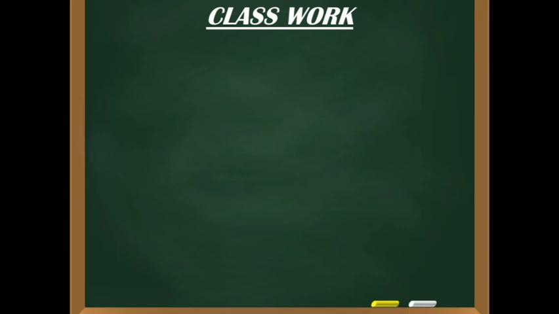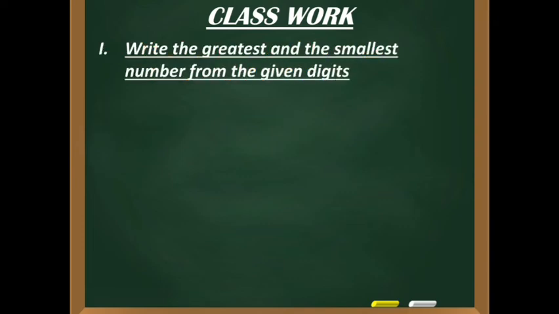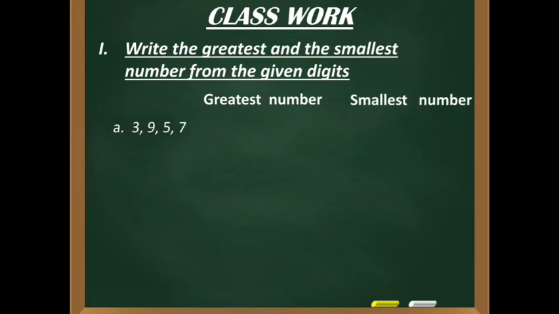Now quickly get your book, pencil and note down the given bits. First one, write the greatest and the smallest number from the given digits. 4 digits are given: 3, 9, 5 and 7. So you have to form the greatest number as well as the smallest number.